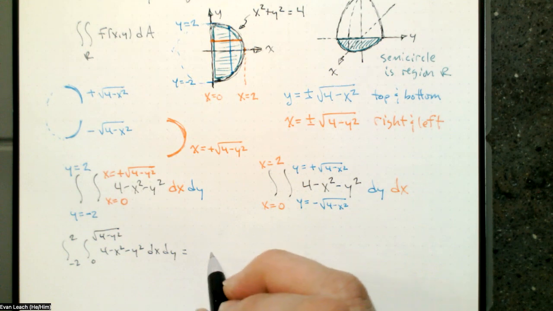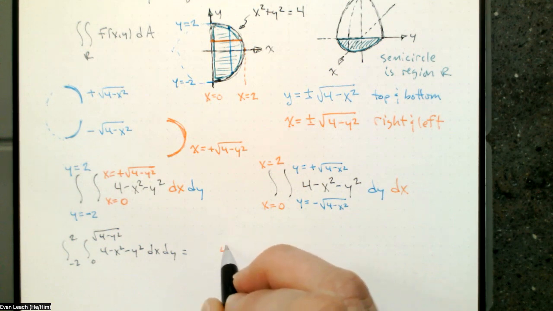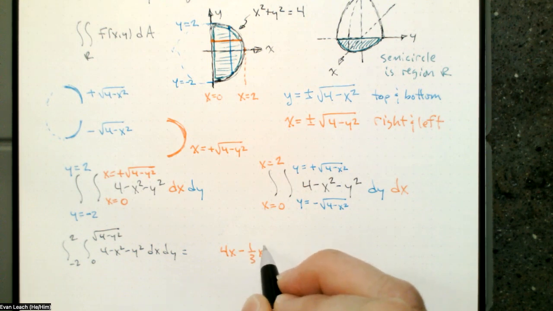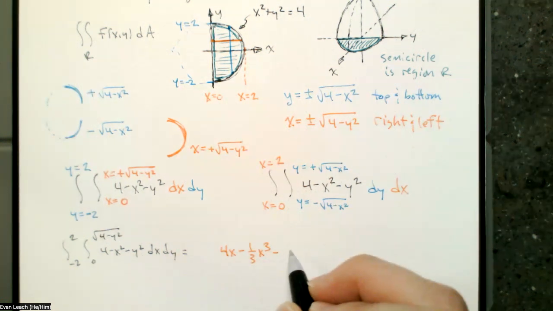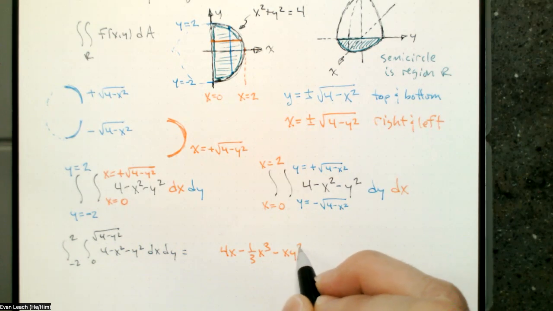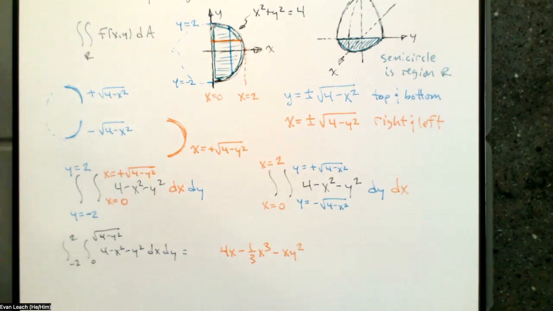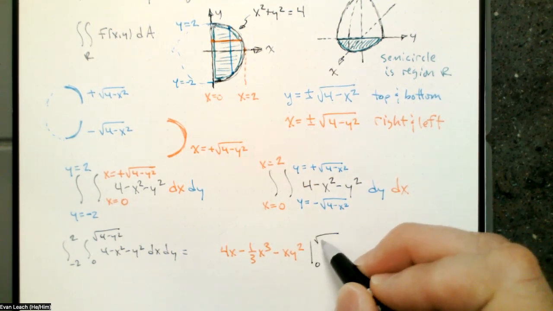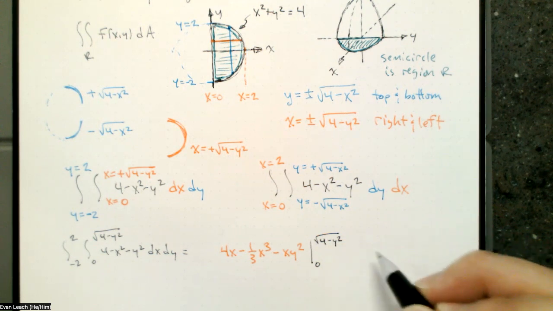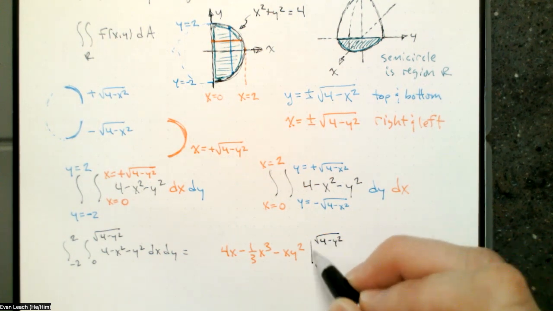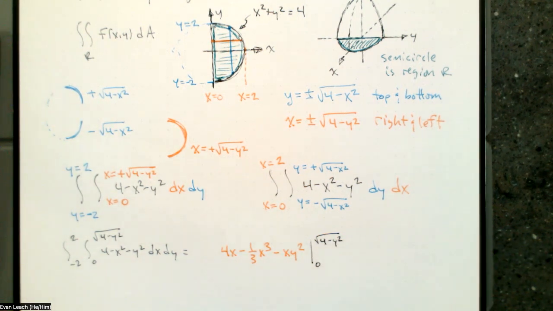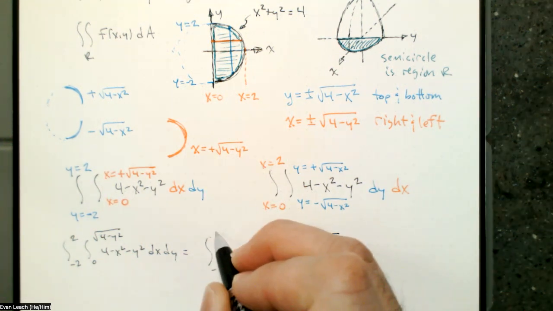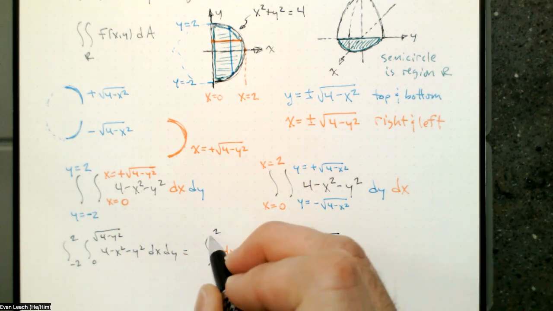So I'm going to have a 4x minus 1/3 x cubed minus xy squared. And then this gets evaluated from 0 to the square root of 4 minus y squared. Once again, it must be plugging in for x because I got a function of y right there. So now we still didn't integrate from -2 to 2. We're going to have to do that afterwards.